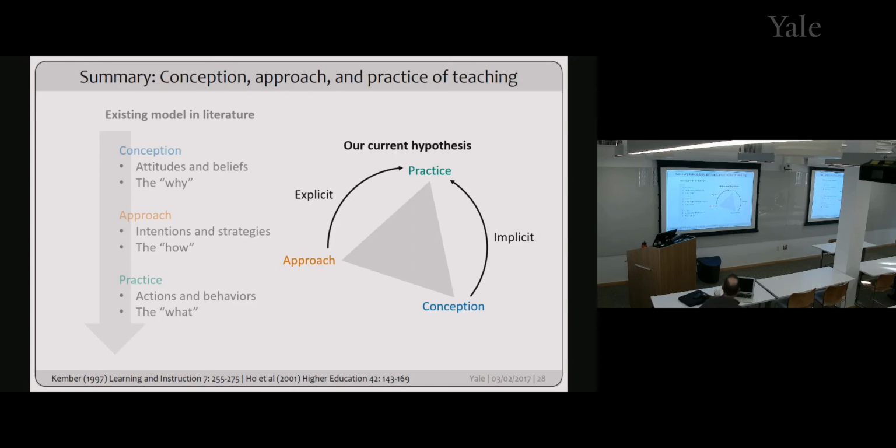But then the conception actually implicitly informs how you implement those approaches. So we see in the case of Adam and Philip, both of them explicitly decided to do group activities, but the way that it's done is inconsistent with their conception. We don't have explicit data for that, but we think when you try new things, it might change what you think, and then there are sort of connections throughout all three things.